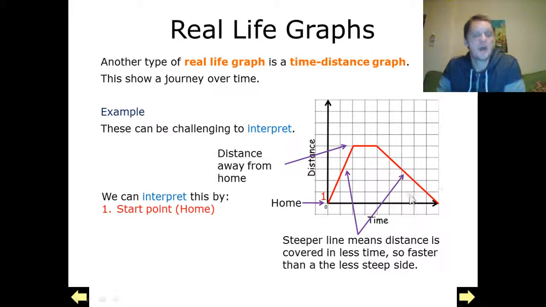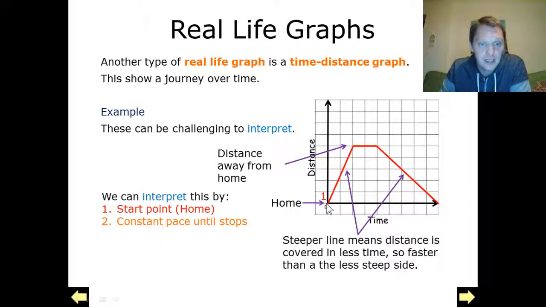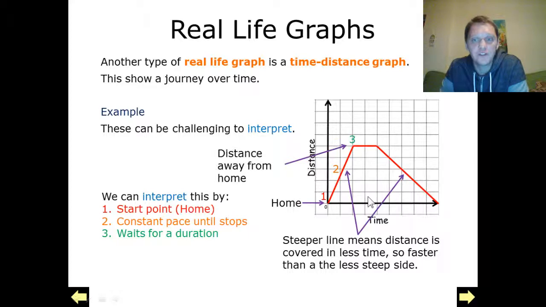So we could interpret this as: we have our start point, a constant pace until stopping just here. This part, where over the course of time we aren't getting any further away or any closer to home, is where the person or the event has stopped.